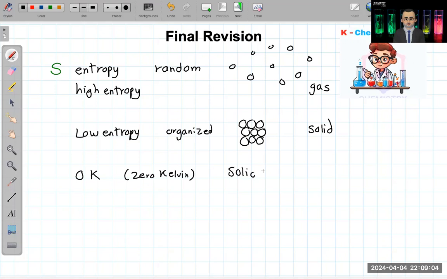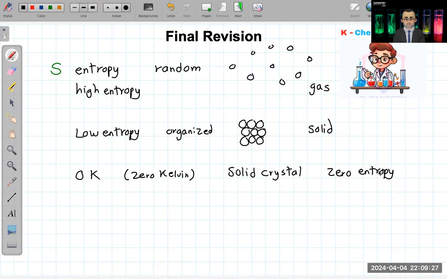We call this the solid crystal. The system is perfectly organized. We will not find this in reality, but we know that this is the most organized system, and it will be equal to zero entropy. Zero entropy means that the system is not at all random, but very well organized.